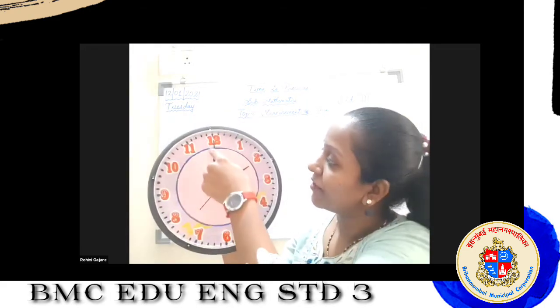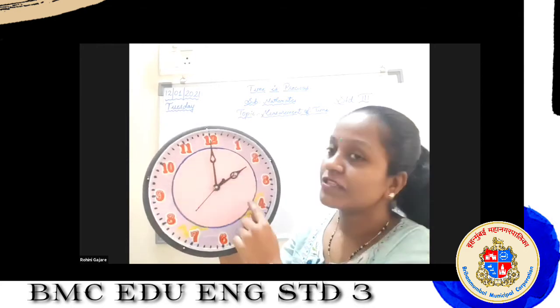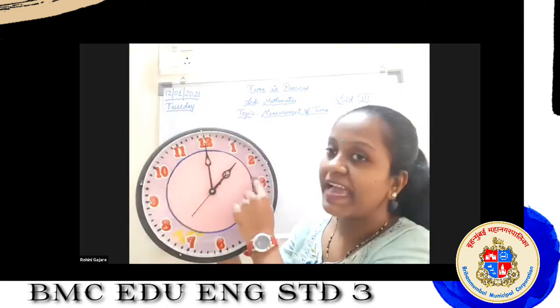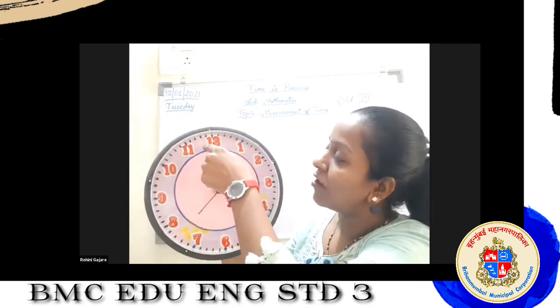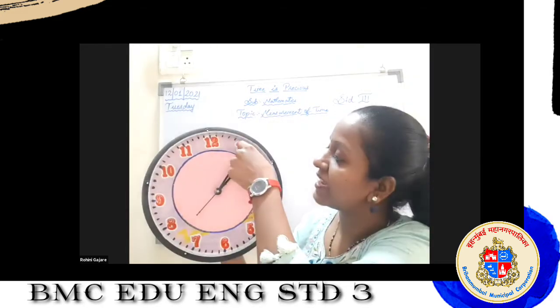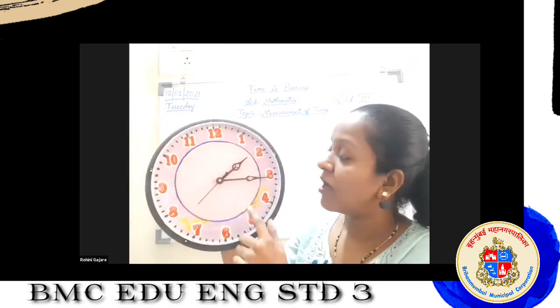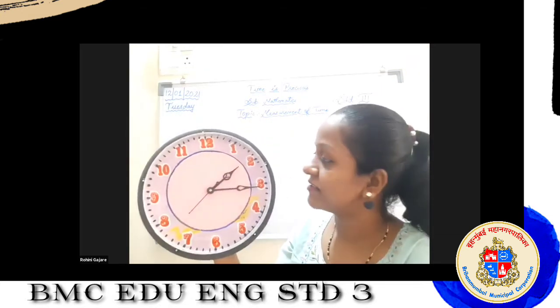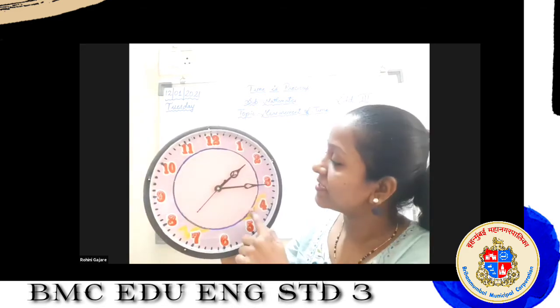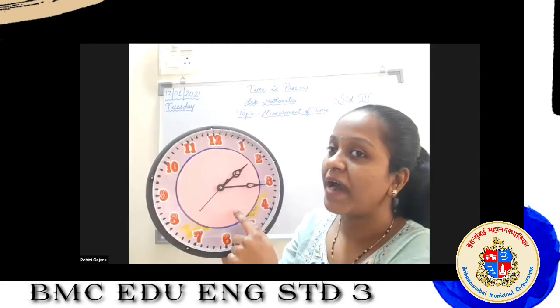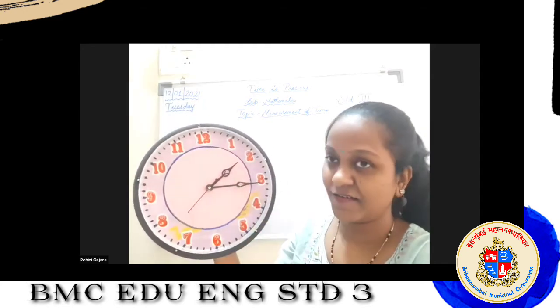Now, suppose, children, the short hand, that is the hour hand, is between 1 and 2, and the long hand, that is the minute hand, is on 3. So, how will we read the time? Yes. We read the time as 15 minutes past 1.